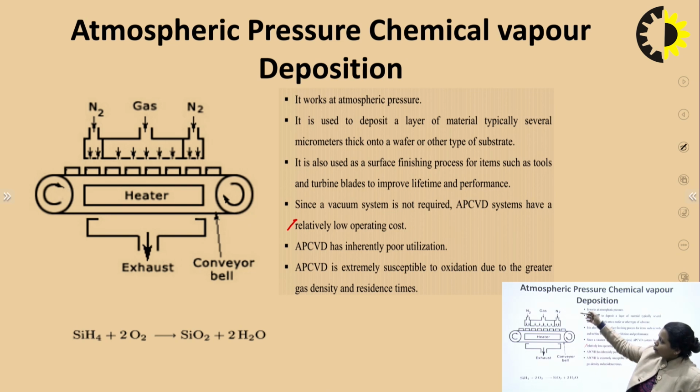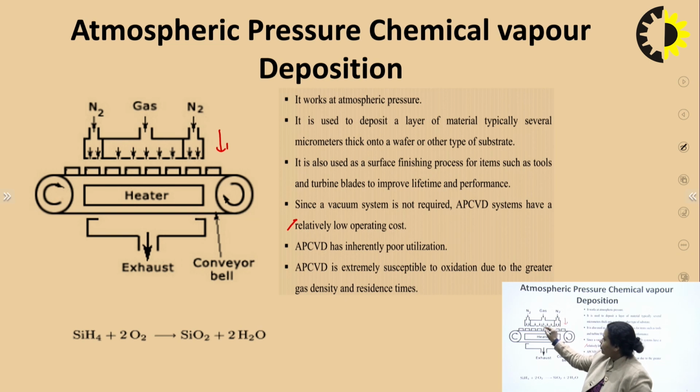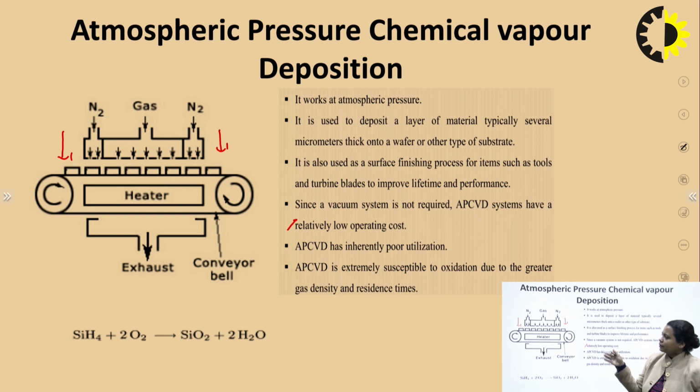From above we are using some gases like nitrogen gas. We are adding it onto the substrate so that the temperature can be maintained, as we are providing high temperature from the heater. We provide some cool gases so that we can get a vapor, and the vapors can be collected and deposited on the wafer.